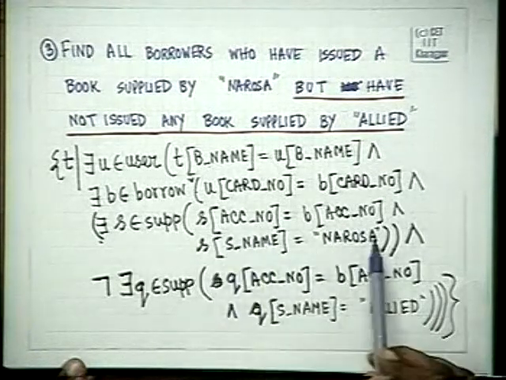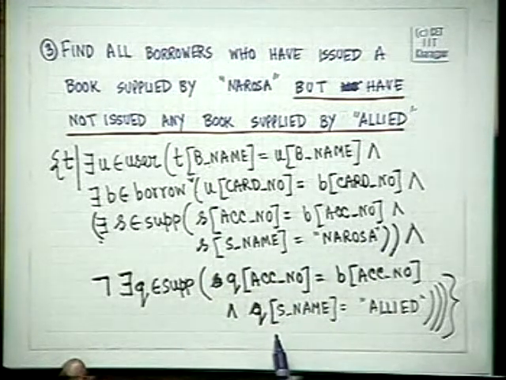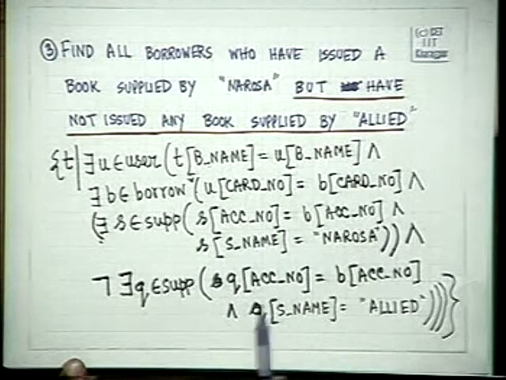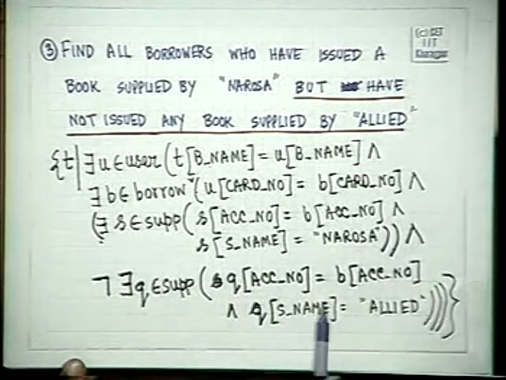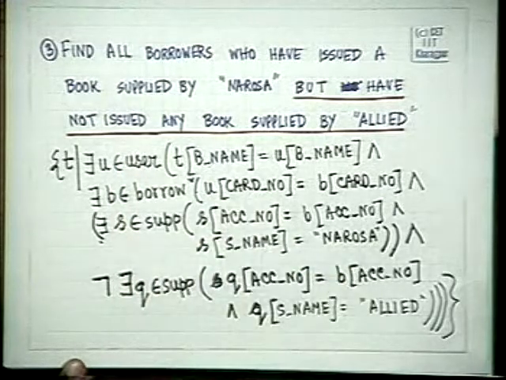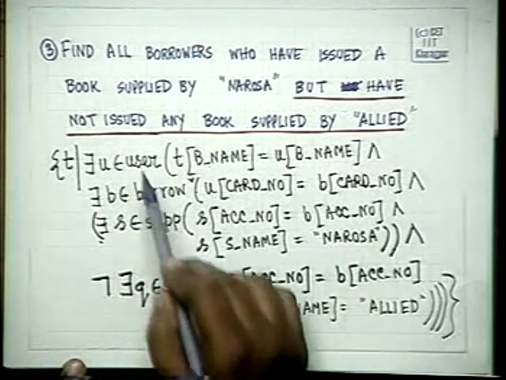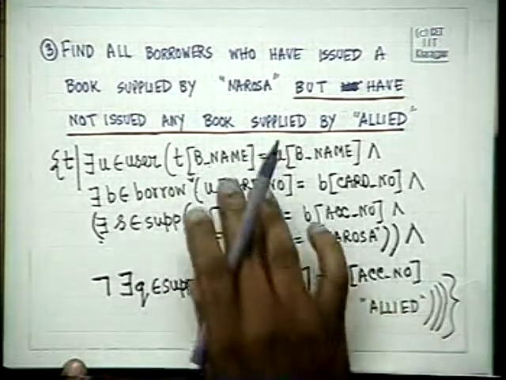In accession numbers, it may be simple, but if you do not follow this idea in titles, you will fall into problems. In accession number, you could have written this not equal to, because accession number is a primary key. But if you go through the same thing through titles, then unless you take this approach, you will not get the correct answer. That is why I have taken this approach.